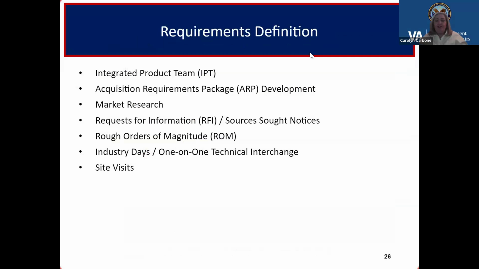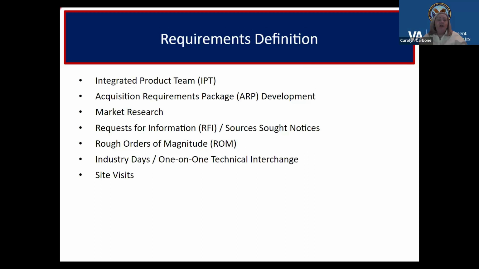All right, so this just delves into a little more about the requirements definition. So we might have an integrated product team. In my agency and a lot of agencies, we use these for more complex, higher dollar value items. But regardless, you would be a part of that team if there was one. You may have local requirements for you to set up an IPT.